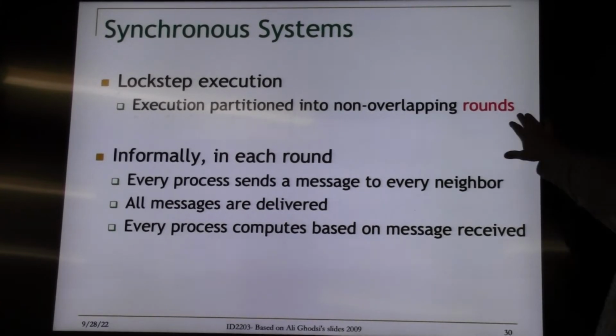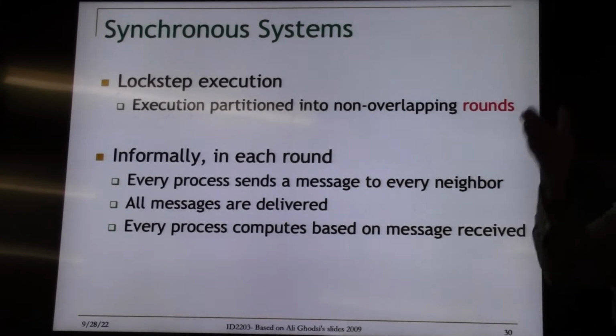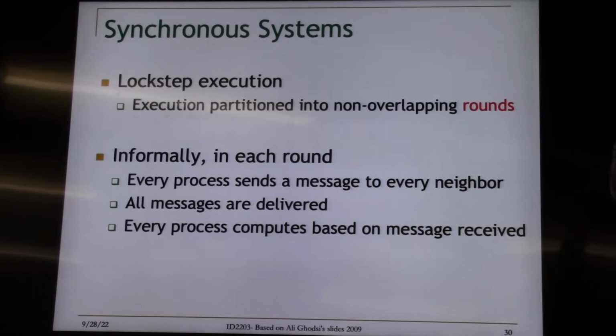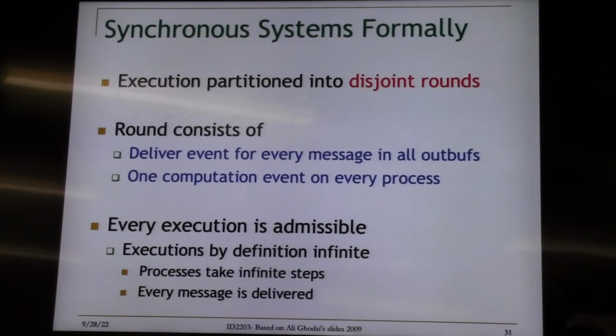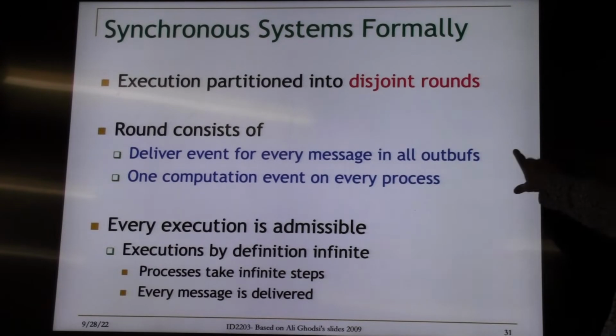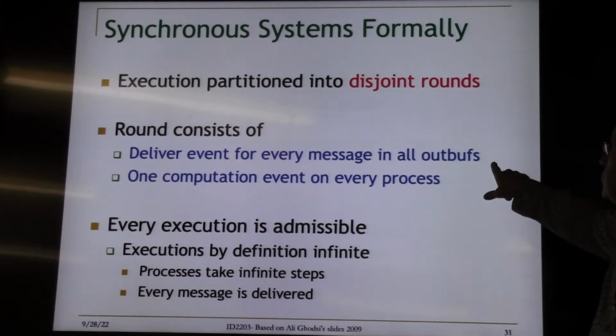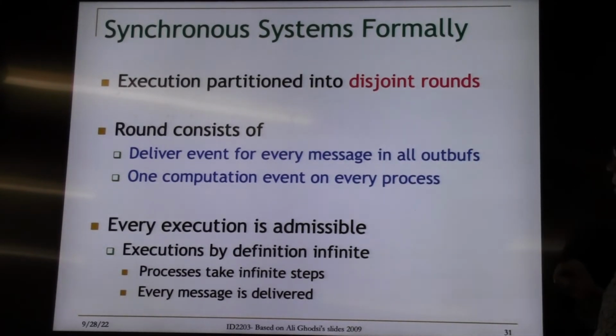Okay? So the way to model a synchronous system is you have this lockstep execution where all processes do this in every round. So you can make a precise definition. There's a delivery event for every message in all outputs. There's one computation event on every process.